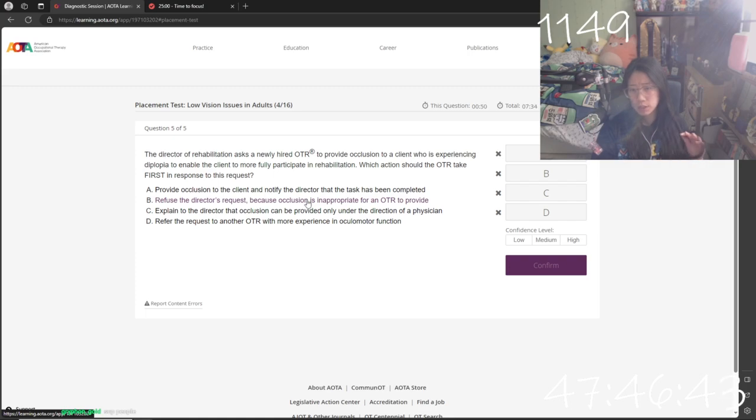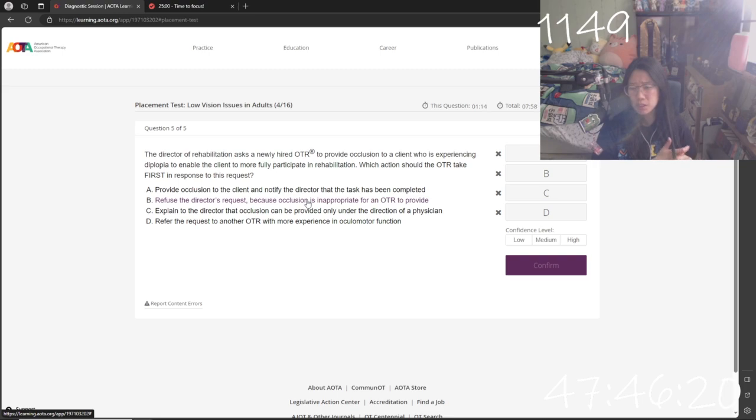Provide occlusion, notify the director. Refuse because occlusion is inappropriate. Explain to the director that occlusion can be provided only on the direction of a physician. Refer the request to another with more experience.